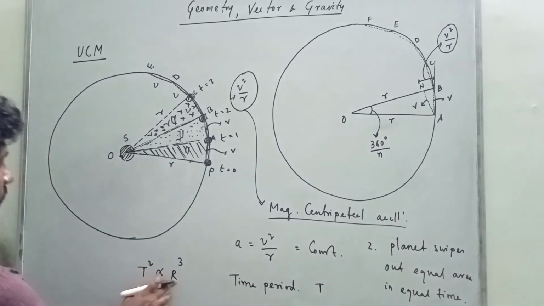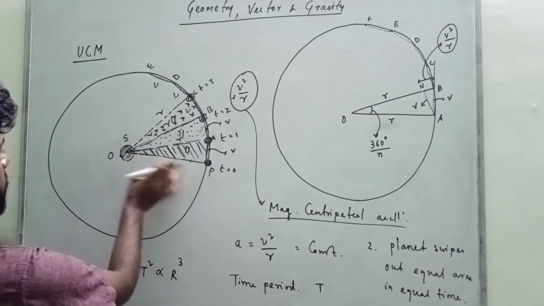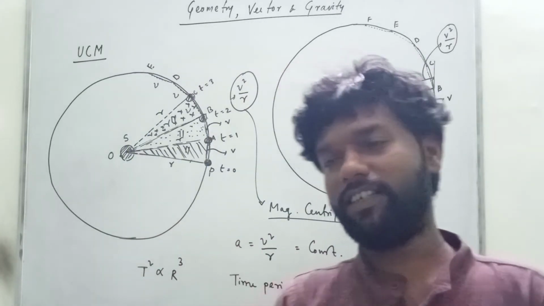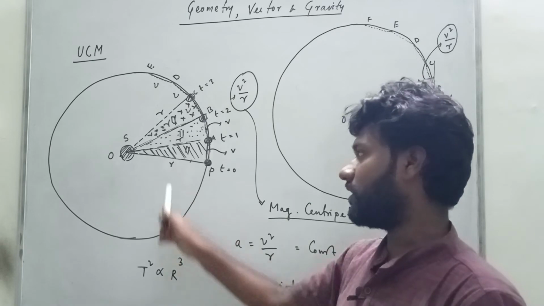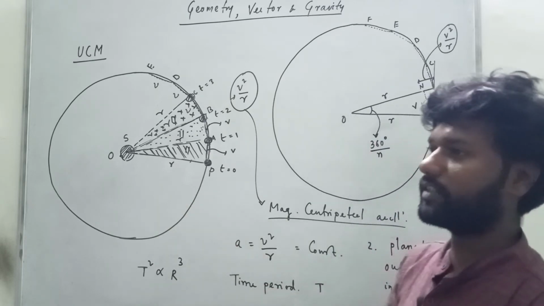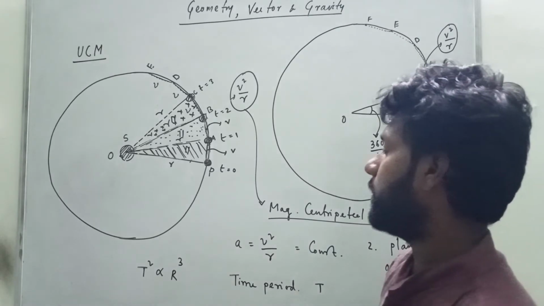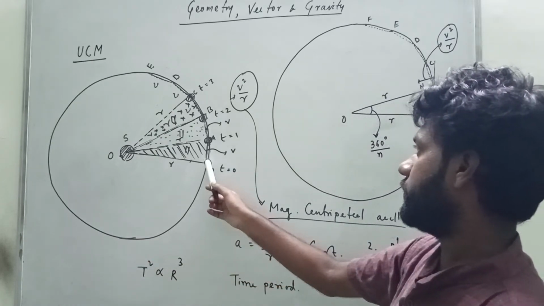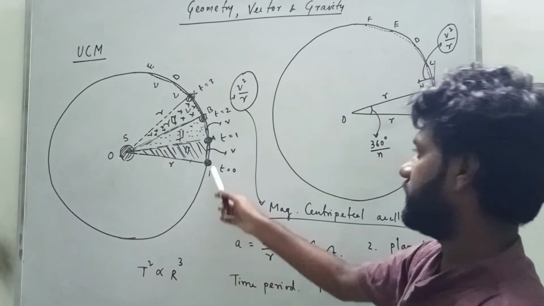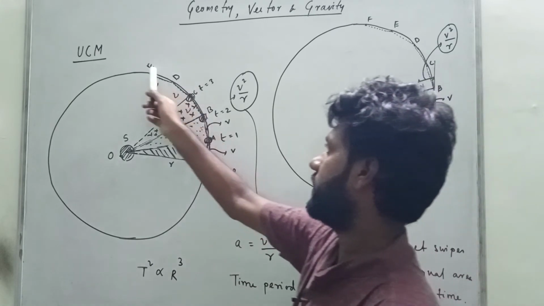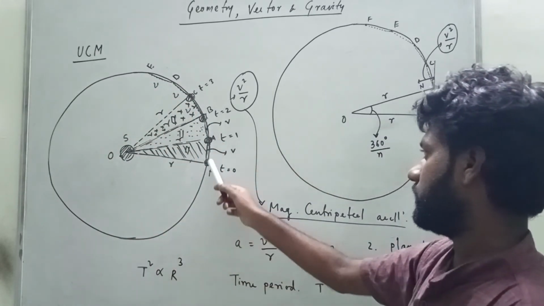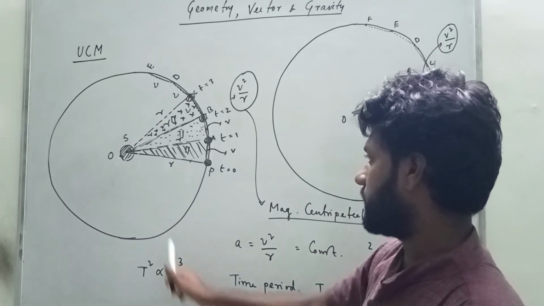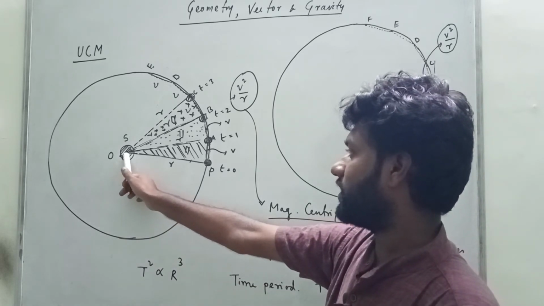And r means the radius, the distance from the sun to the planet. T means time period: the time taken by a planet to trace a path from an initial point back to the same initial point, right? This is the time period of the planet, and the radius is the distance from the sun to the planet.